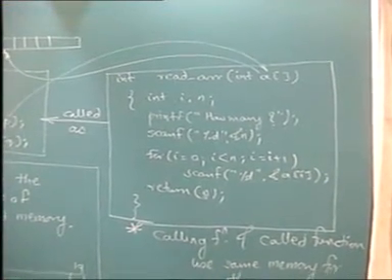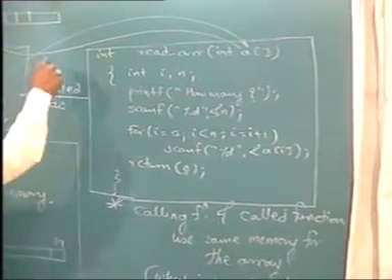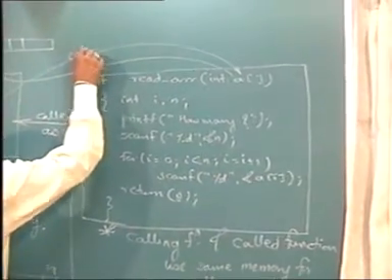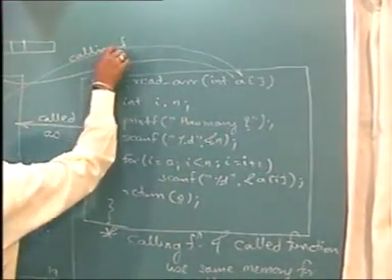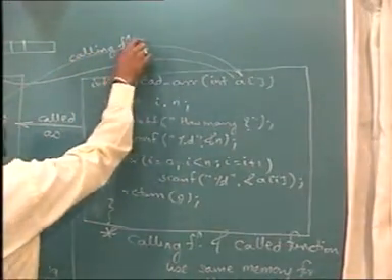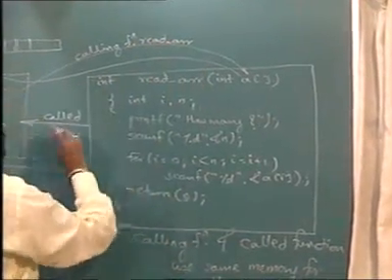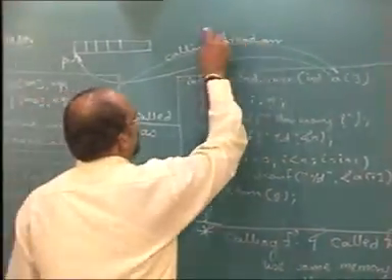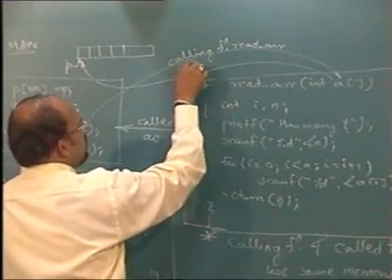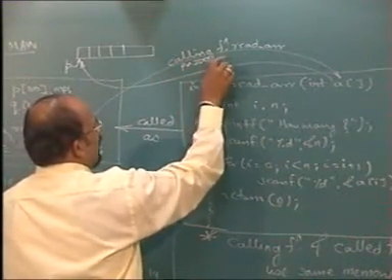So from here we are calling the function, calling function readARR. It passes the address.